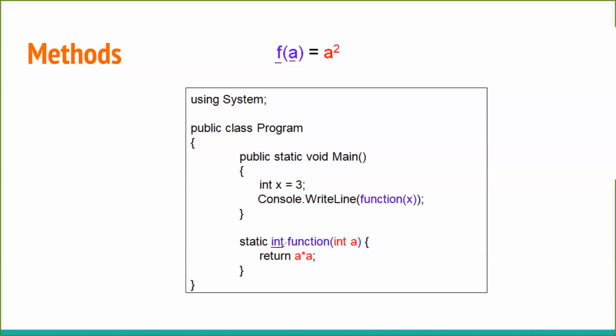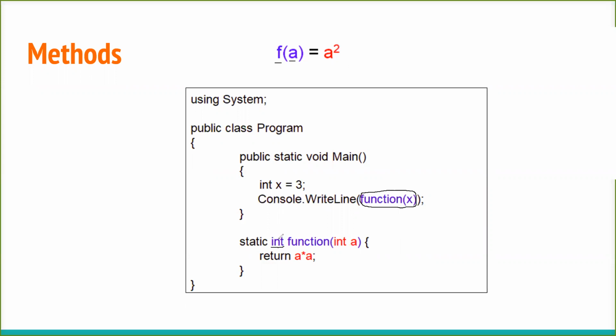What this is saying is the result of calling function X, the thing I get back, will be an integer. Because we're creating this function over here, f of a equals a squared, function X is going to give back something raised to the power of 2, which is just an integer. So it's giving back an integer.